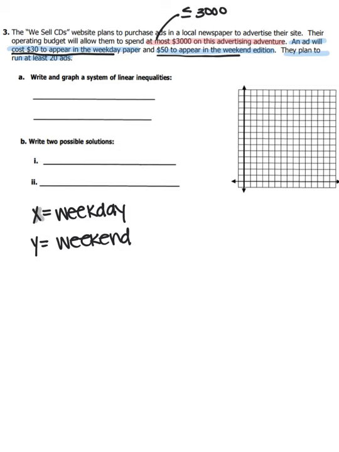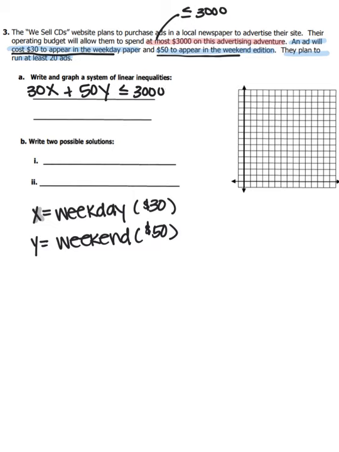So my first equation would be that my weekday was $30, my weekend was $50. So $30 times X plus $50 times the weekend ad paper needs to be less than or equal to $3,000.